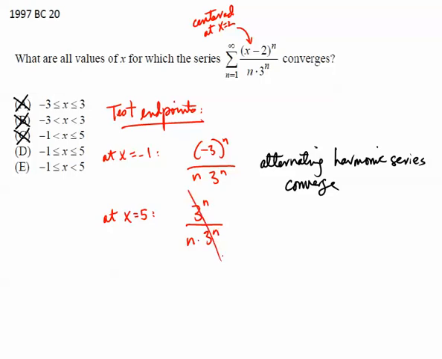The 3 to the n's cancel, and what we end up with there is the harmonic series, which diverges. And so therefore, we cannot include the endpoint x equals 5, and so the answer has to be negative 1 less than or equal to x less than 5.